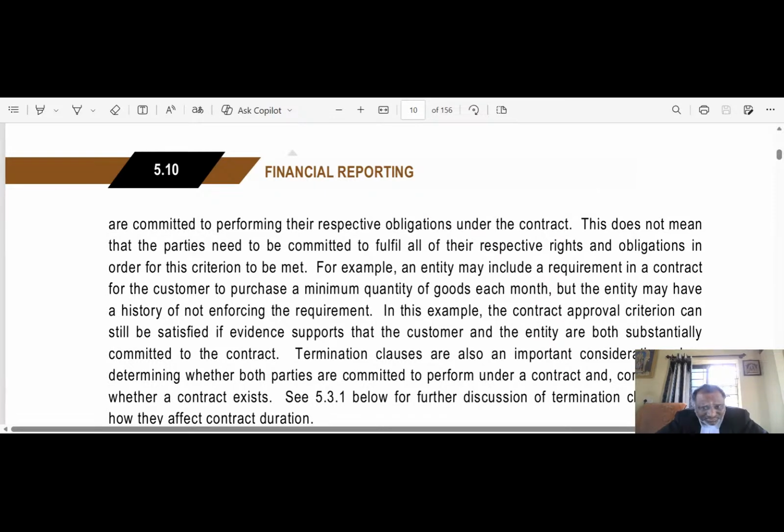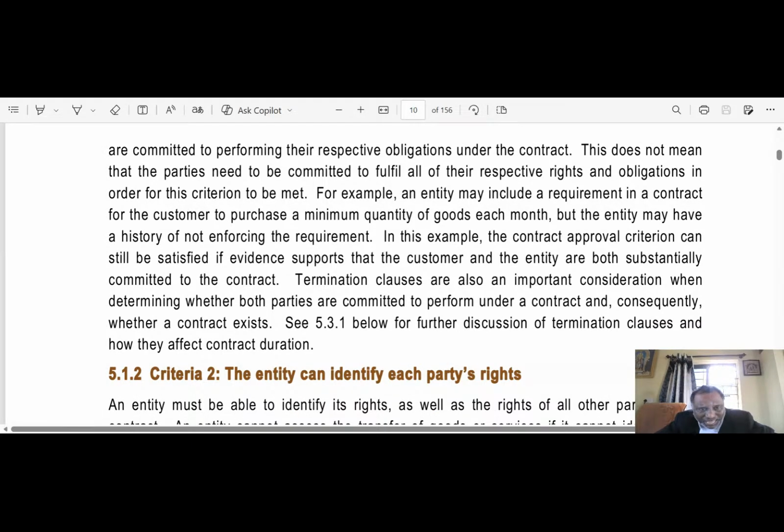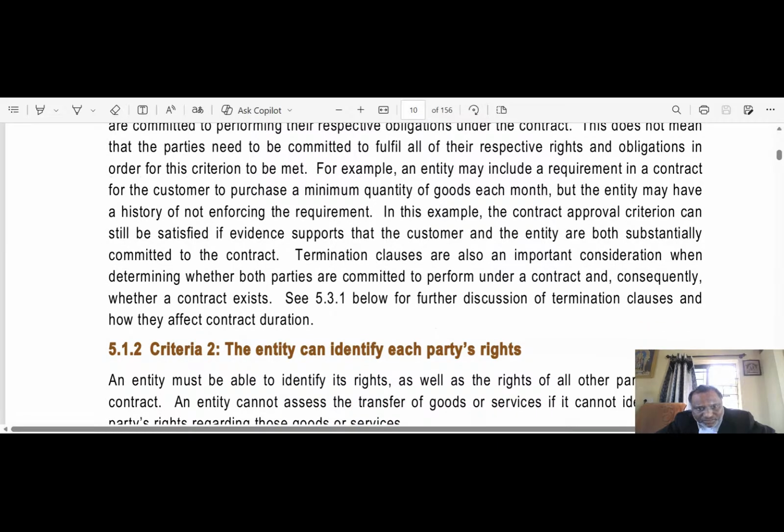Termination clauses are also an important consideration when determining whether both parties are committed to perform under a contract. See the section on whether a contract exists below for further discussion of termination clauses and how they affect contract duration.